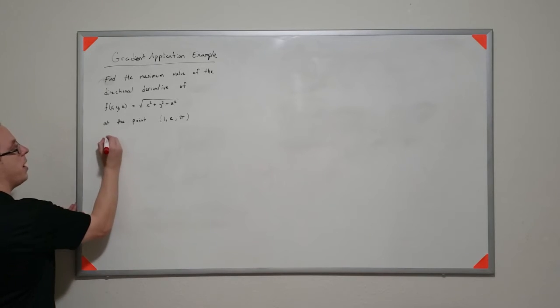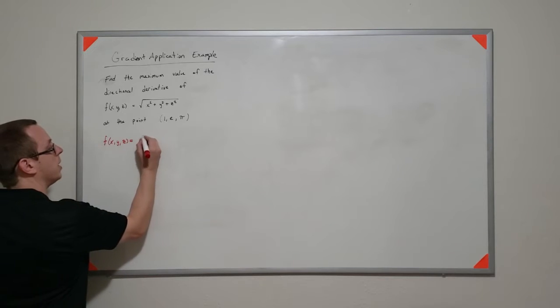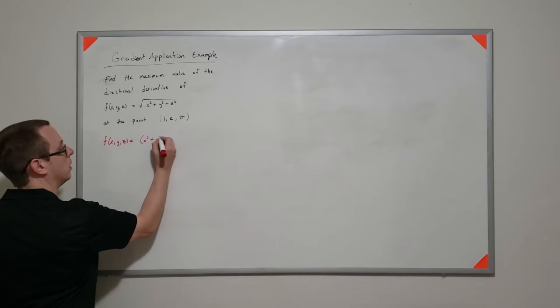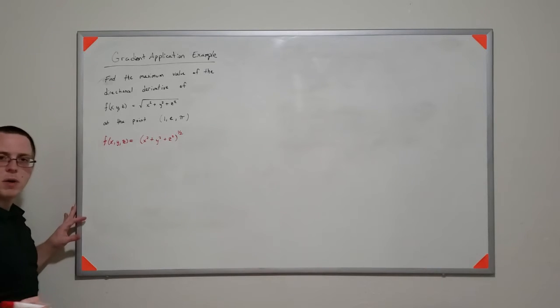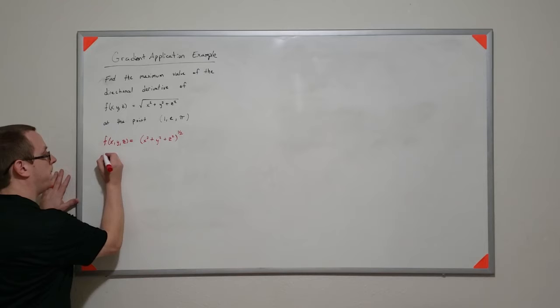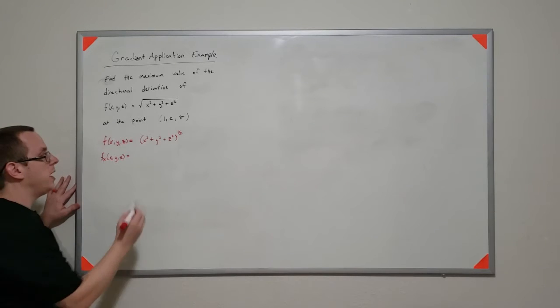First, let's rewrite f as that. That might make our lives a little easier. So let's find the partial with respect to x.